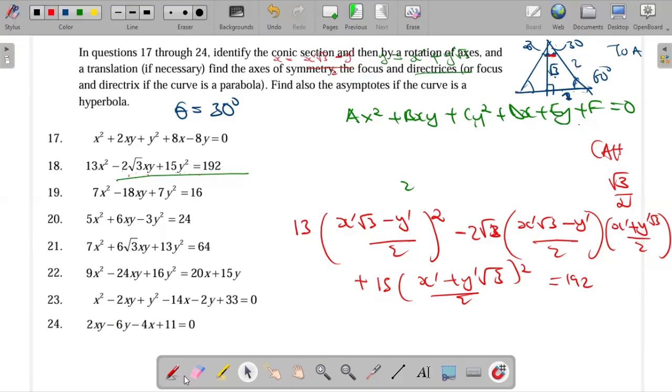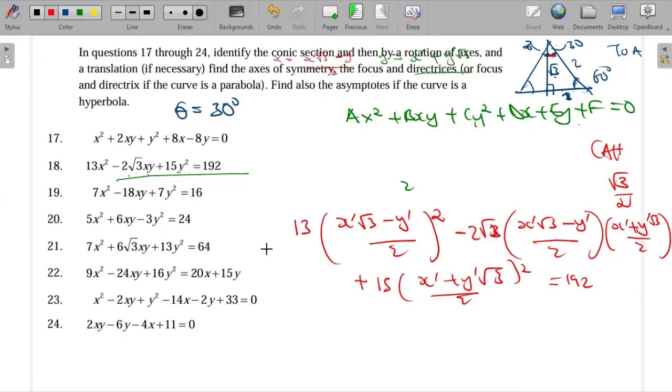Okay, so this is what we have now. So when you square on top there, what do you get? You have 13. This implies 13 there.